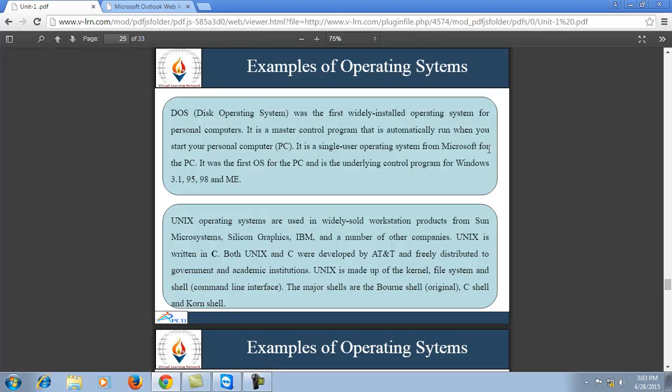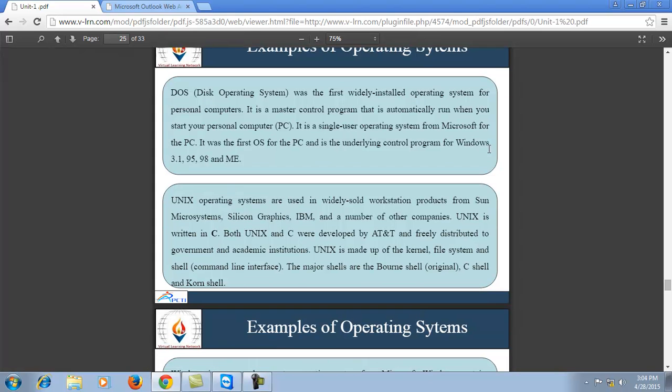Both Unix and C were developed by AT&T Bell Laboratories and freely distributed to government and academic institutions for classes and for operations, but it is not permissible to use them commercially or for earning purposes. The major shells are the Bourne shell, C shell, and Korn shell. These are the shells which accept the commands from the user and perform accordingly, or help to work on the operating systems. Come to the next examples.